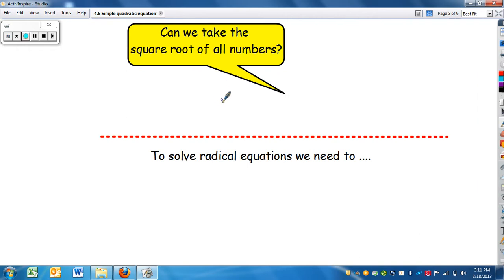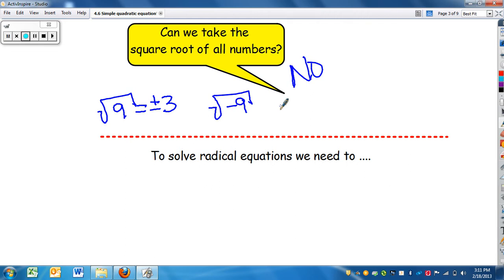Also, can we take the square root of all numbers? And the answer is no. The square root of 9 we said was plus or minus 3. What about the square root of negative 9? Is that possible? If you type it in your calculator, it will give you an error or a domain error, something like that, saying you can't do it. The reason is that we need two numbers that are exactly the same that multiply together to be negative 9, because 3 times 3 is 9, and negative 3 times negative 3 is 9.